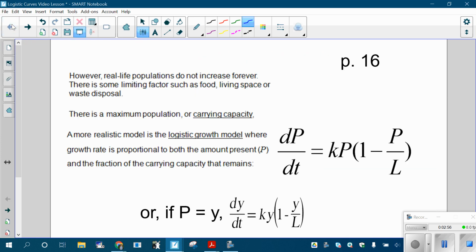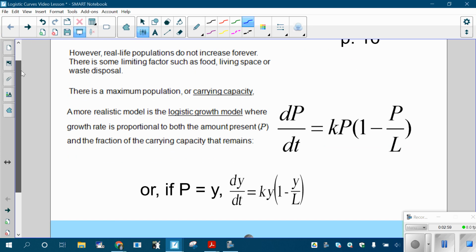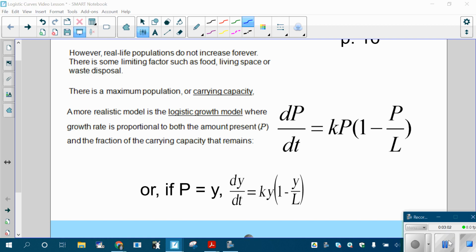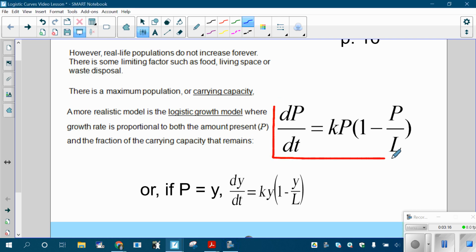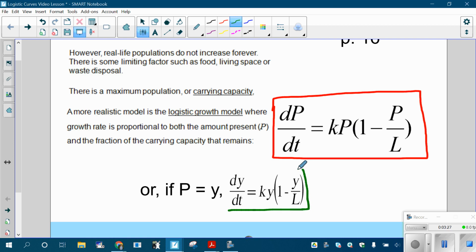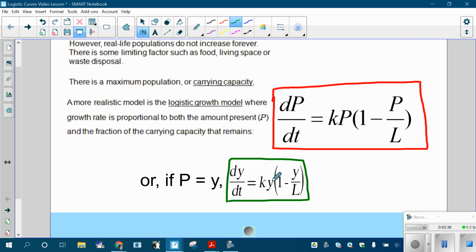What we want to talk about today is, first off, we think about logistic growth as being the solution to a certain differential equation. Okay? And it's where the growth rate is proportional to the amount present and the fraction of the carrying capacity that remains. If you encounter a differential equation that looks like this, with everything in terms of y, then dy/dt would be k times y times (1 minus y over L), then the solution to this differential equation is a logistic growth function.